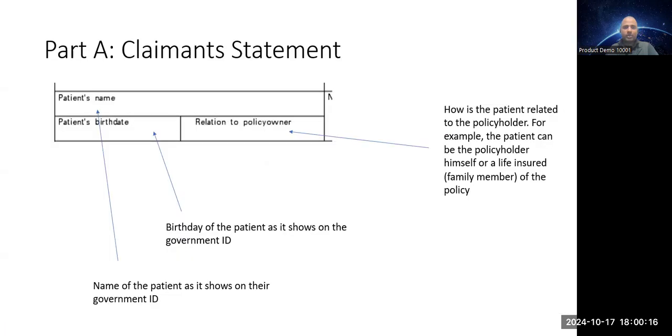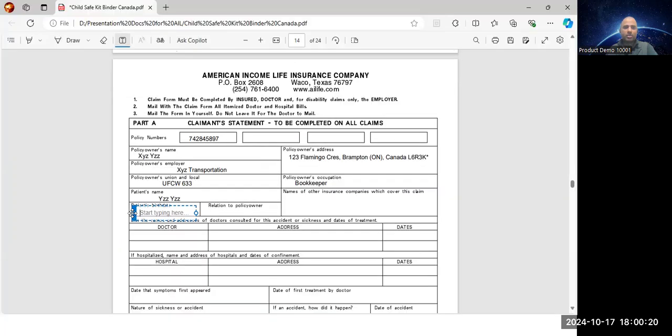All right. You'll also need the birthday for your patient. So let's say the birthday for your patient is 24th October, 1988. Okay. Furthermore, you'll need the relationship of the patient or the life insured to the policy owner.